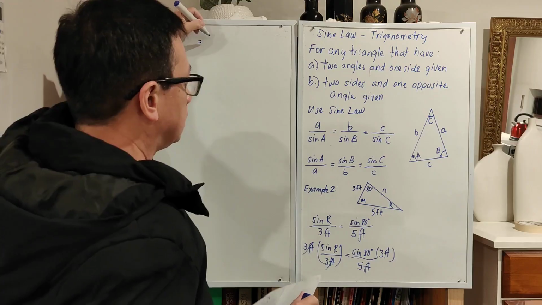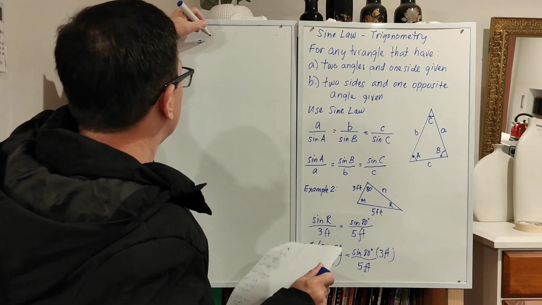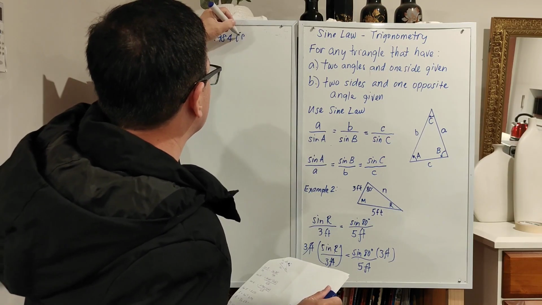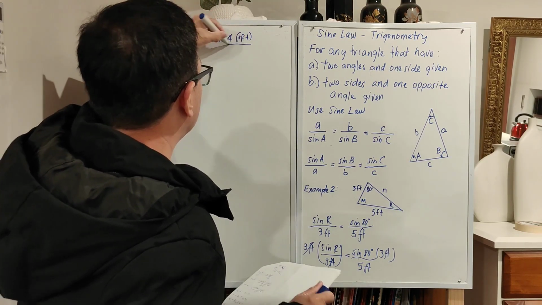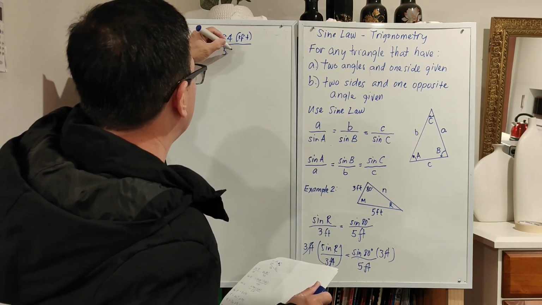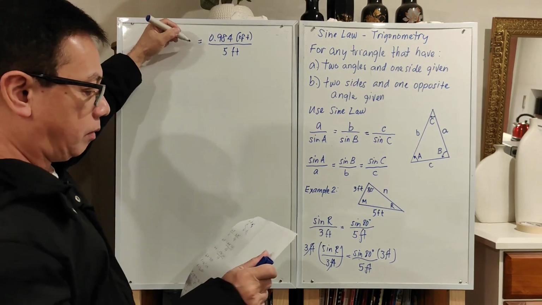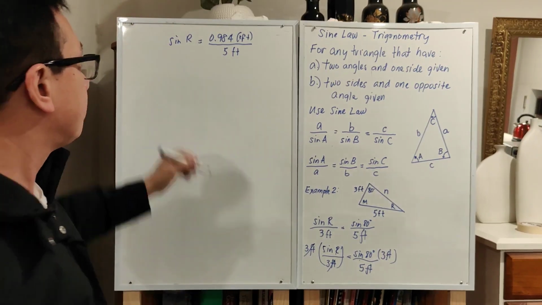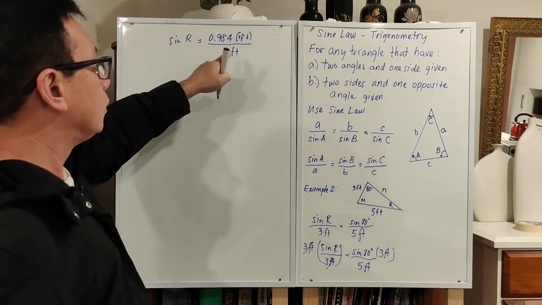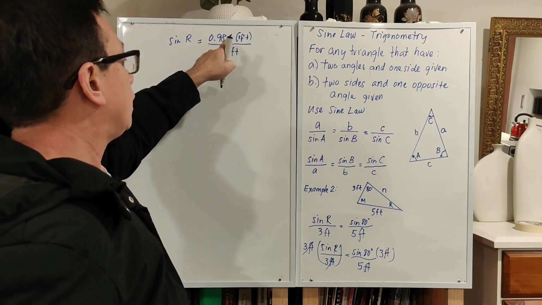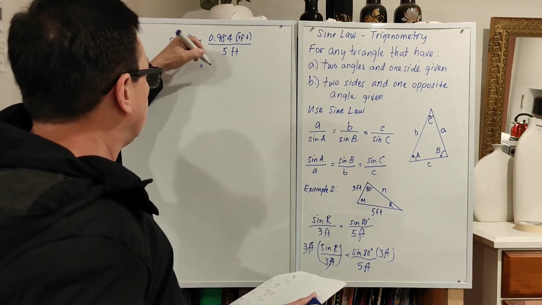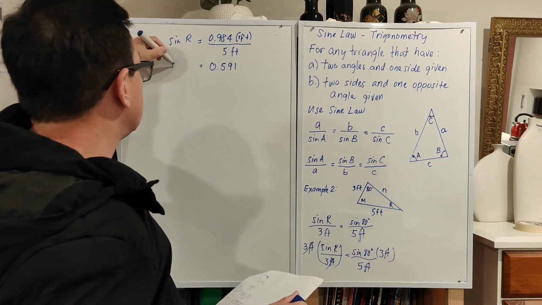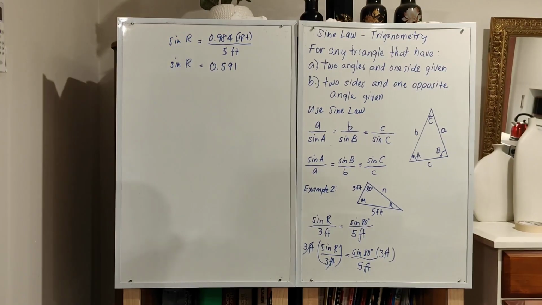Sine 80 degrees is 0.984, times 3 feet over 5 feet. That will be sine R. Now, if we multiply 3 feet to 0.984 divided by 5 feet, we will get 0.591. So this is sine R.